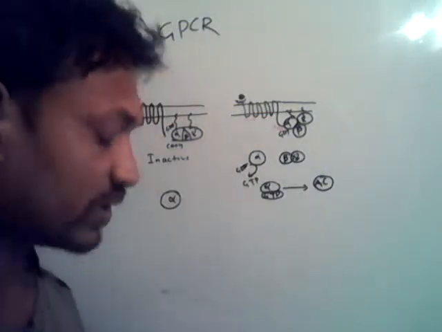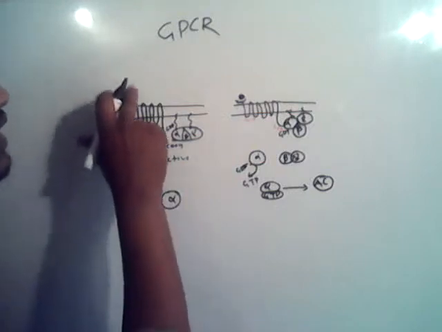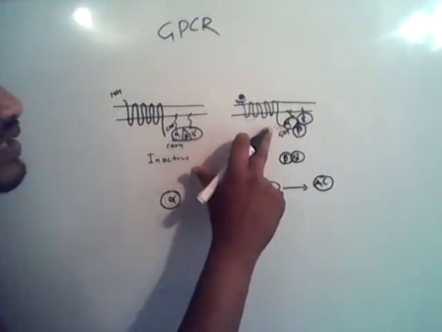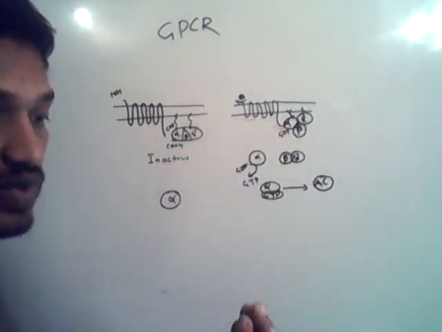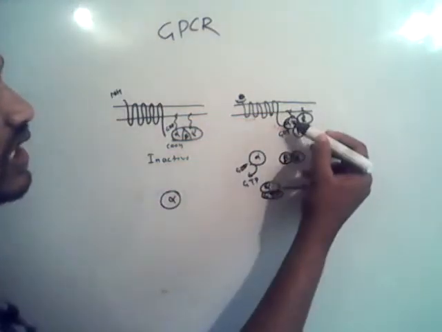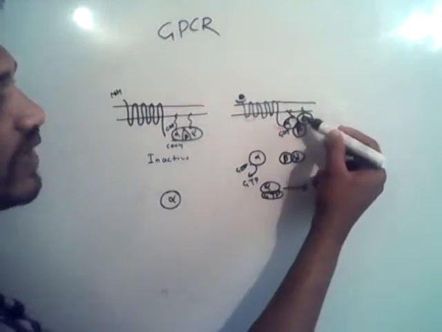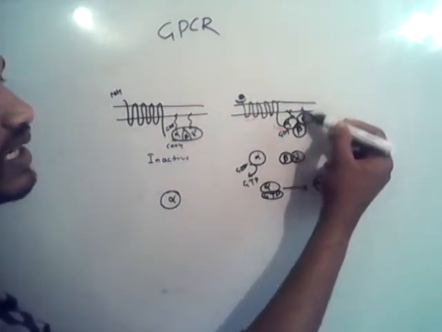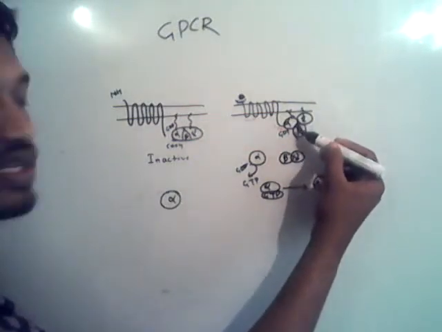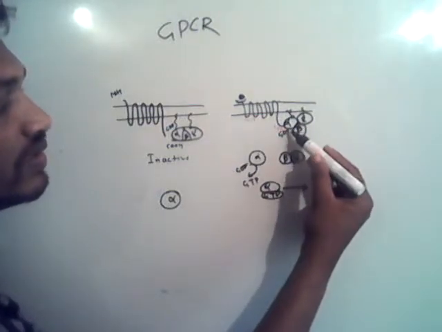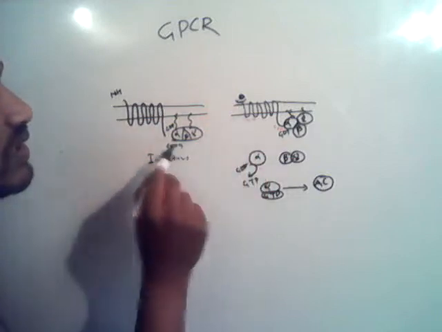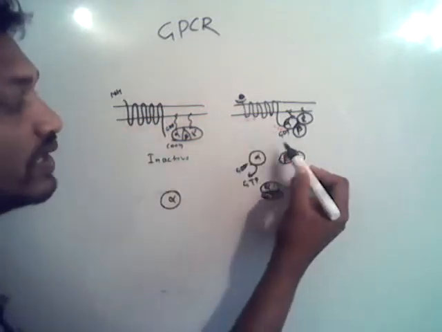Remember, this is a cell and this is a transmembrane domain where the G protein is bound. The G protein is a trimer protein which contains alpha, beta and gamma. Alpha and gamma are directly attached to the membrane, while beta is attached to the alpha and gamma. Okay, after the conformational change, this is the inactive form, this is the active form.